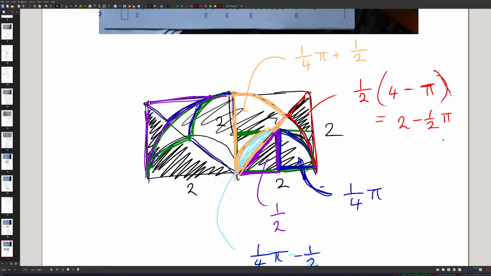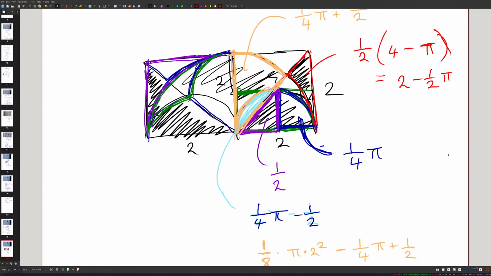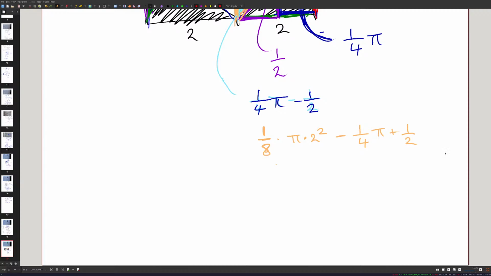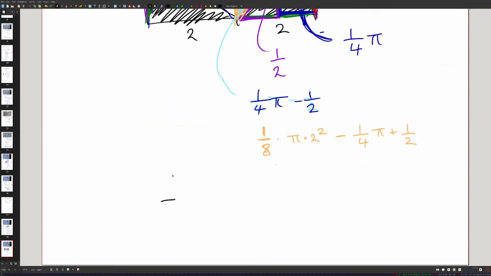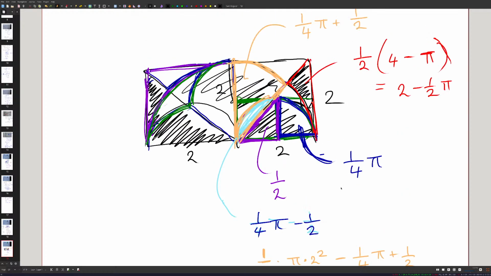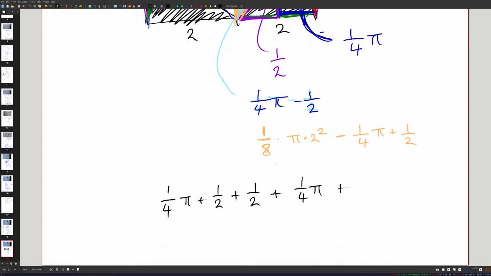Okay, and then we want the orange plus the purple plus the blue plus the red. So all in all, we've got the orange was a quarter pi plus a half. And then the purple is plus a half. Then the blue is plus a quarter pi. And the red is 2 minus a half of pi.